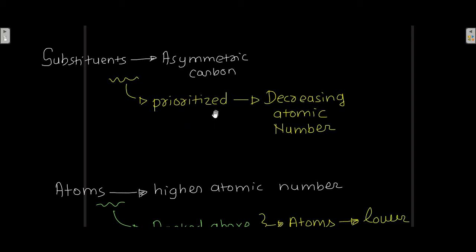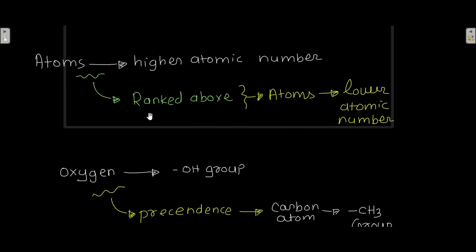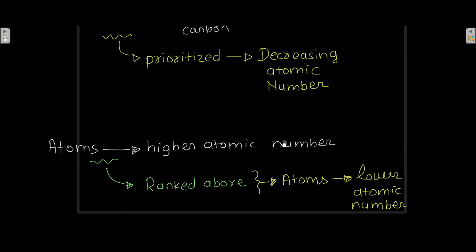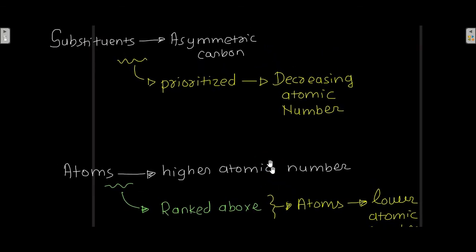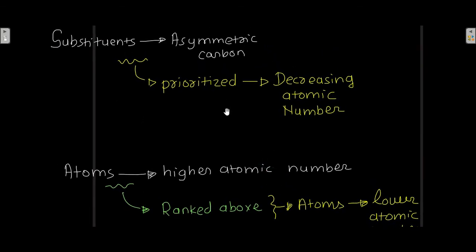The atoms with higher atomic number are ranked above the atoms which have lower atomic number. That is how this second absolute configuration notation works.